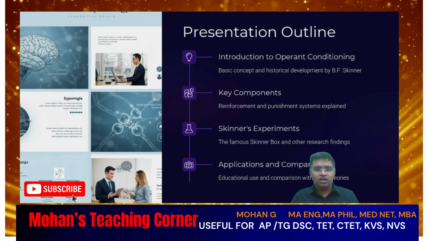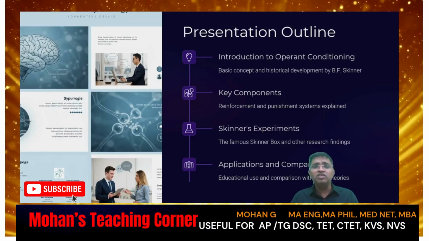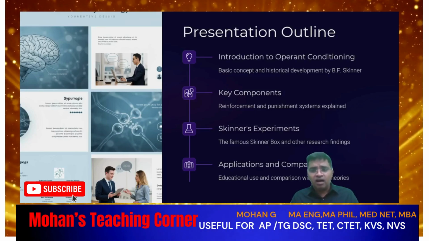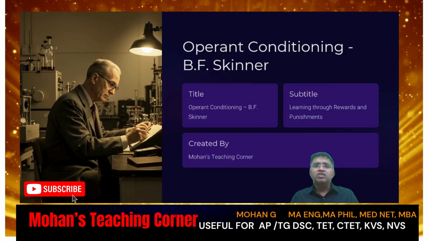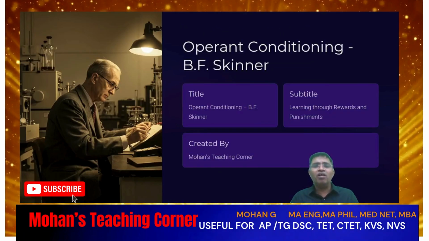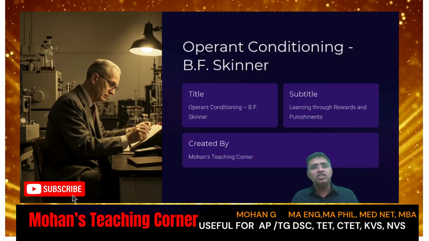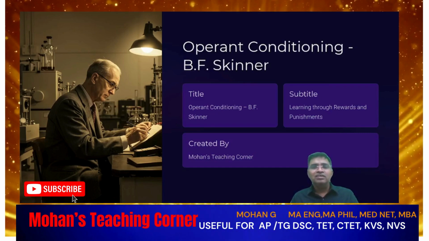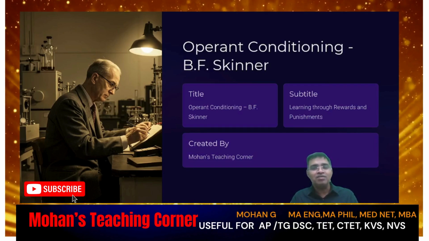Then how it is implemented in educational institutions, and we are going to compare with other theories. Please remember operant conditioning is introduced by B.F. Skinner, and the subtitle you can say is learning through rewards and punishment.